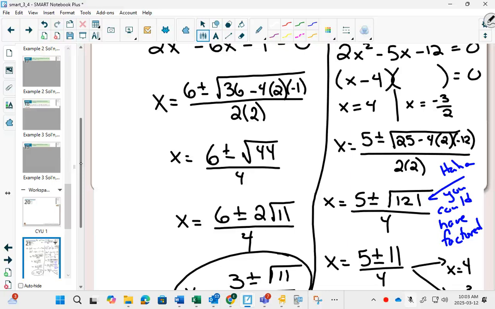Now we can do that just a little bit harder with the fraction, but you can also then, well, if you know this is x minus 4, and your first one's a 2x squared, you know that's a 2x. And if your last one's a minus 12 and this is a minus 4, you know that your last one would have to be a plus 3. Do a quick check. Does your outside and inside make minus 5? It does.